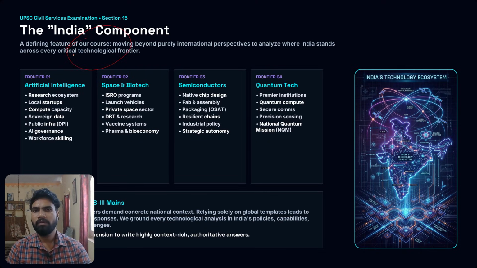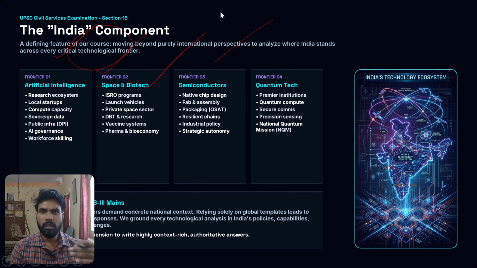So you see, a defining feature of our course will be moving beyond purely international perspectives to analyze where India stands across every critical technological frontier. Where India is standing, what the implications are with respect to India, everything we are going to study. So the Indian angle definitely must be studied.